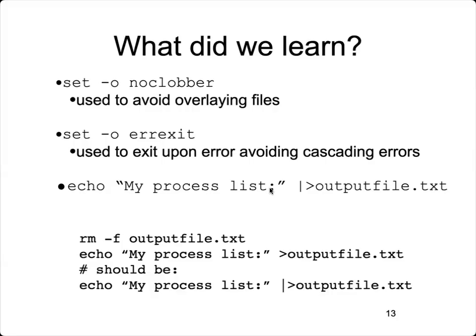Yeah, but the file name does not need to be contiguous to that pipe sign and greater than sign. You can actually have a space between them. The reason why I say that's true is when you understand how the shell will parse the command line to submit it for execution. It sees the pipe sign and greater than sign as a keyword, for lack of better terms, but the output file.txt is a file name.